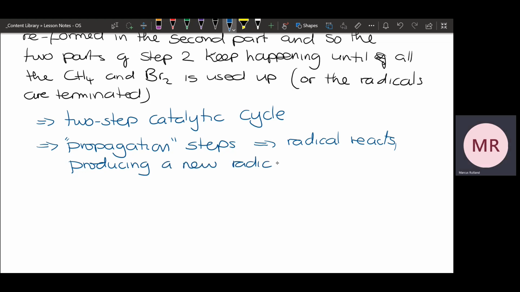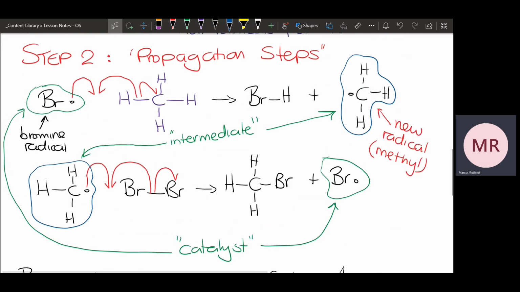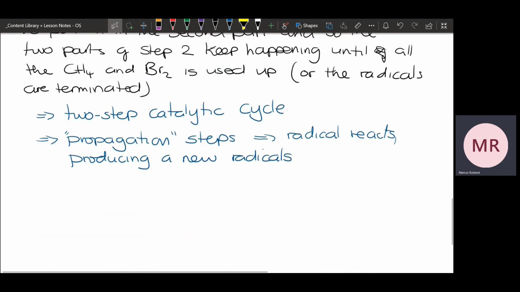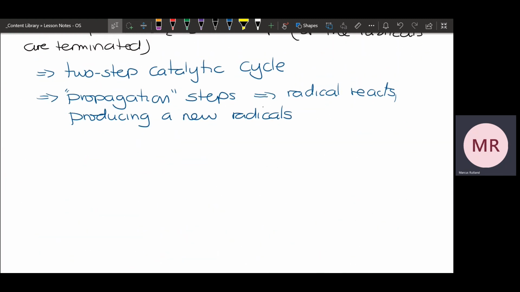So whereas initiation went from something that wasn't radical to something that was radical, propagation steps like these ones use something that is a radical. In the first part, the bromine radical produces something else that's a radical, the methyl radical. And then in the second part, the methyl radical is used to produce a different radical, the Br radical. So they are using up and producing radicals, so they kind of maintain radicals.